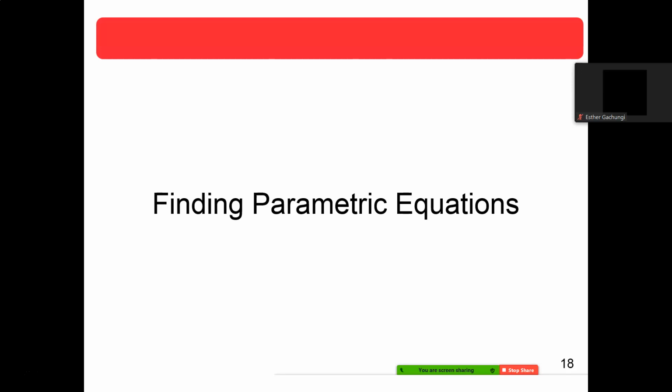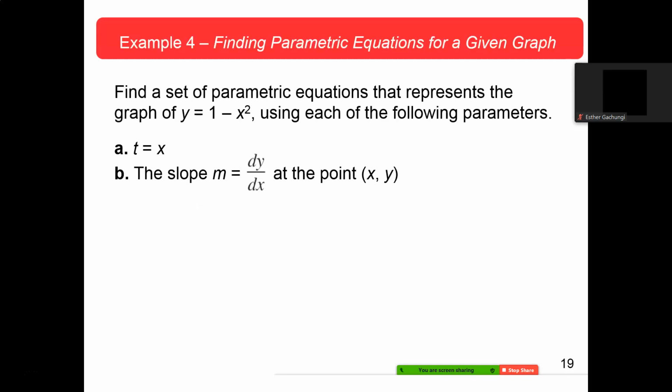Now if you think about what we were doing before, we were given a set of parametric equations, we found the curve. Now we're being told what the curve is, you find the parametric equation. The first 3 examples in the section illustrate techniques for sketching the graph represented by a set of parametric equations.